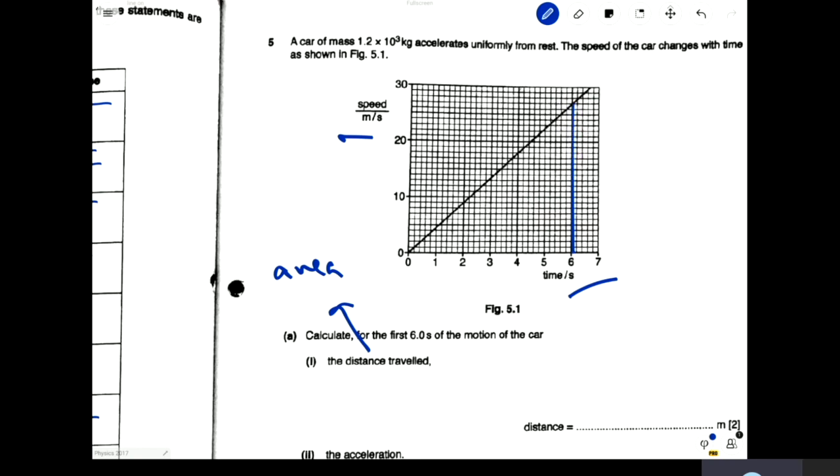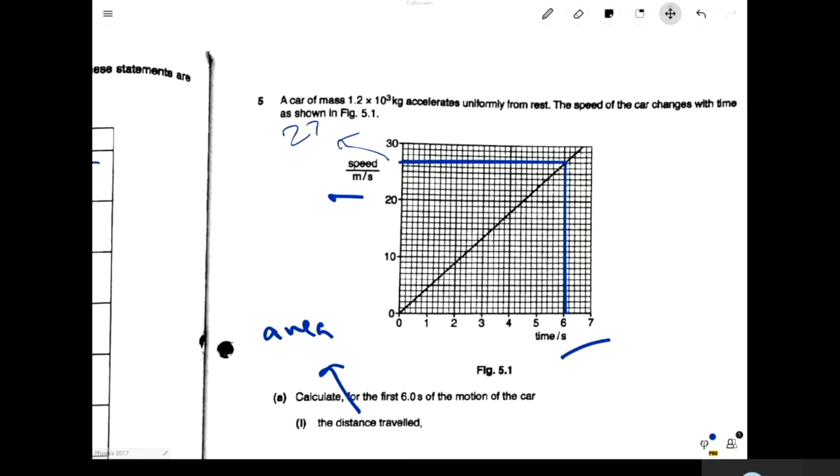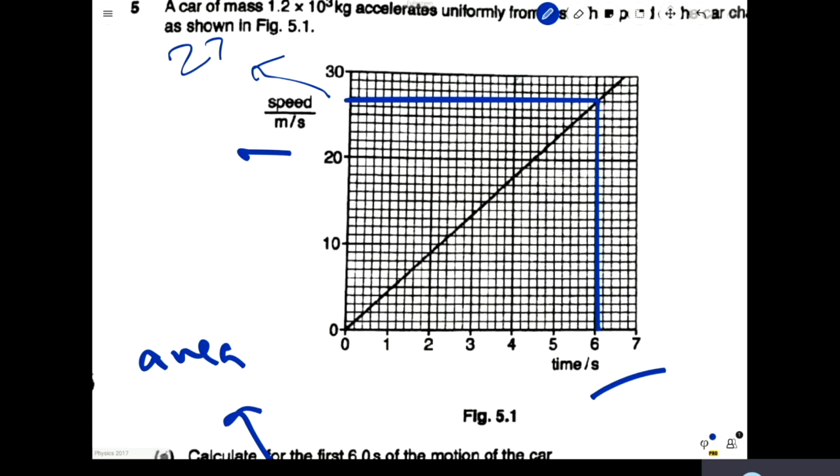What is the speed? 27. So that's 27. To find the area under this, I gotta take half times.